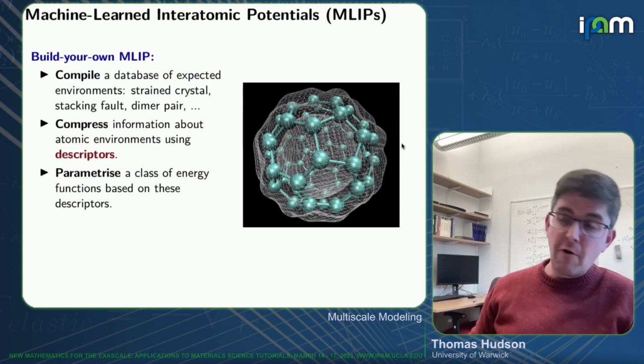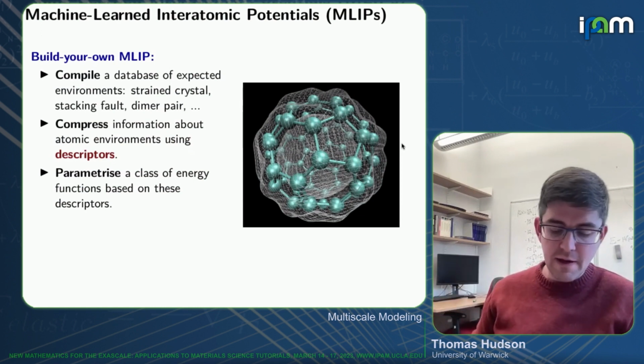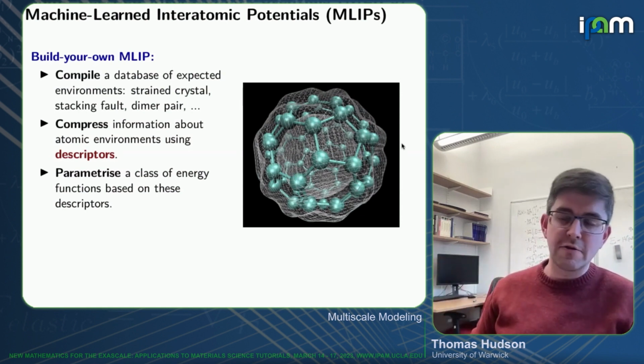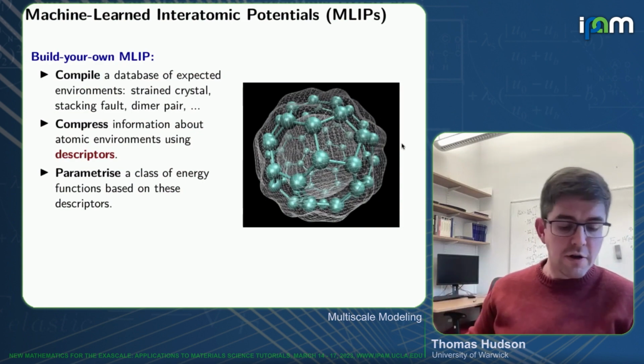Okay, then once we've got a way of parameterizing and describing the environment that we have, we need to find a way to actually parameterize the energy using the variables that we've chosen. And that might be through some kind of neural network, might be through some kind of polynomial representation method. It could be some blend of different approaches. There's lots of choices here. So that's another user-informed thing that you can do.